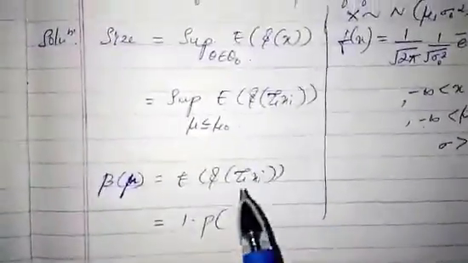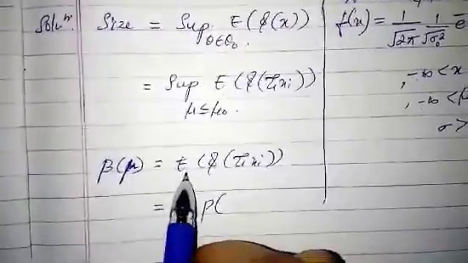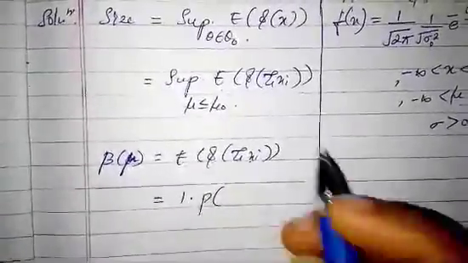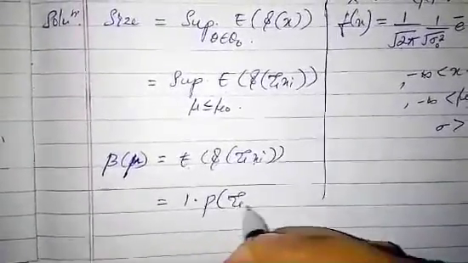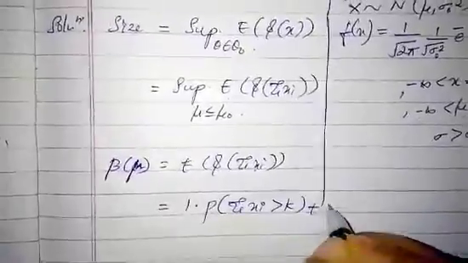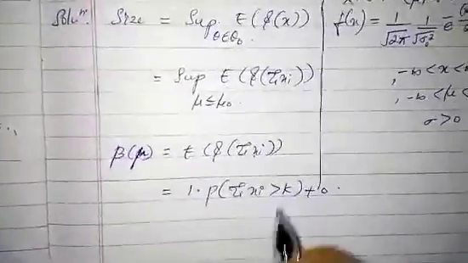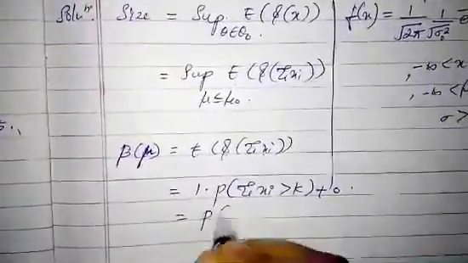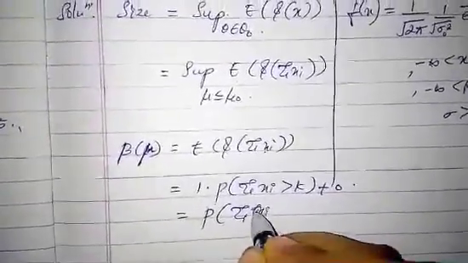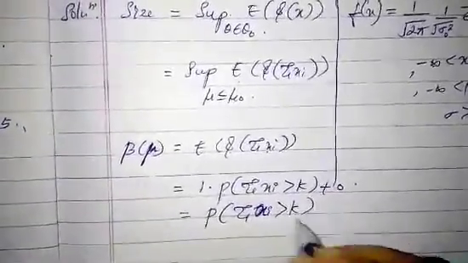So beta of mu equals 1 into the probability of summation xi greater than k plus 0, which is equal to the probability of summation xi greater than k.